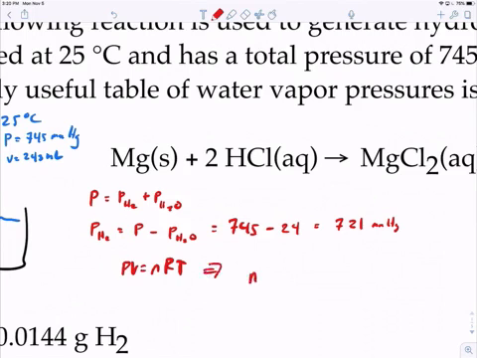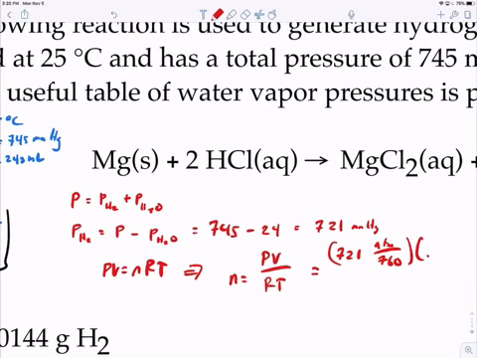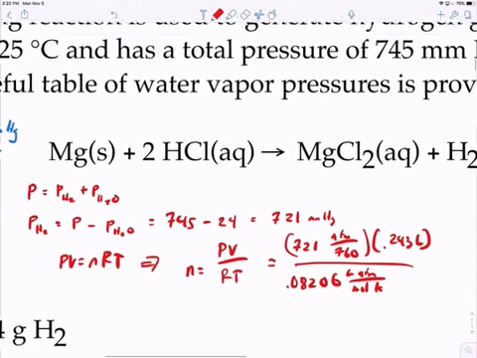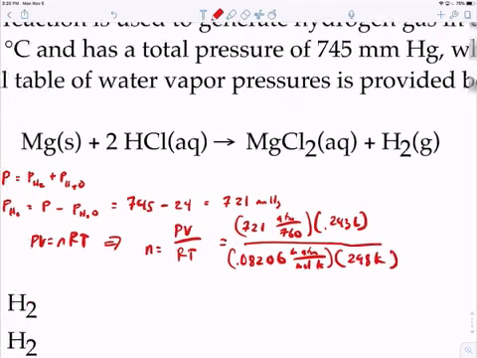PV equals nRT, n equals PV over RT equals 721 over 760 atm, volume 0.243 liters, and 0.08206 liter atmosphere per mole Kelvin, 298 Kelvin, like so.